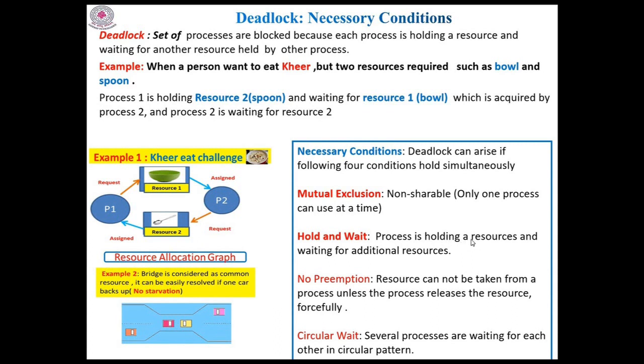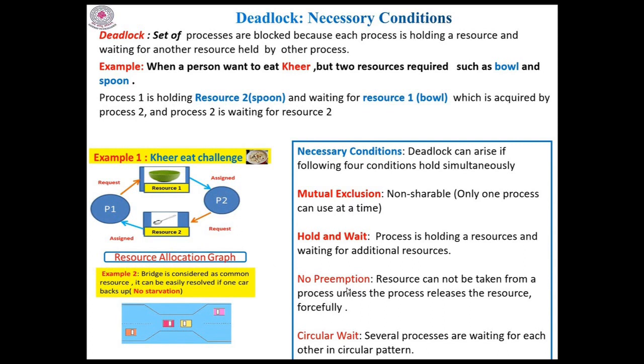You see, process P1 is holding resource 2 and waiting for an additional resource, but this is not available at present. So P1 is waiting for this resource, which is held by P2. If it were free, then it could be accessed, but it is held by another process.